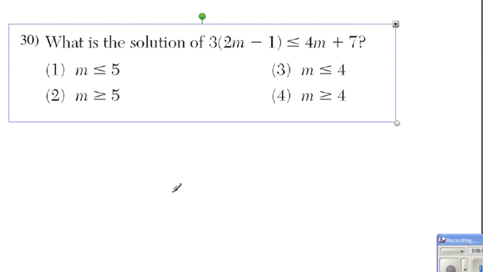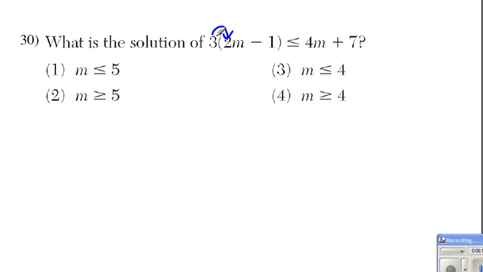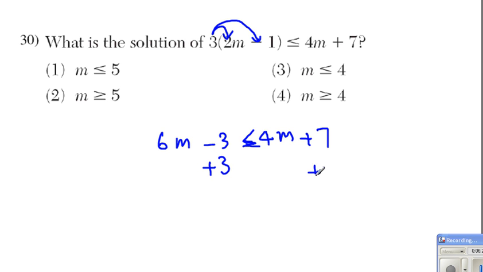Now, here we just have to solve step by step. When 3 is distributed to both of them, we get 6m minus 3. This will be less than or equal to 4m plus 7. So why don't we add 3 and subtract 4m at the same time?